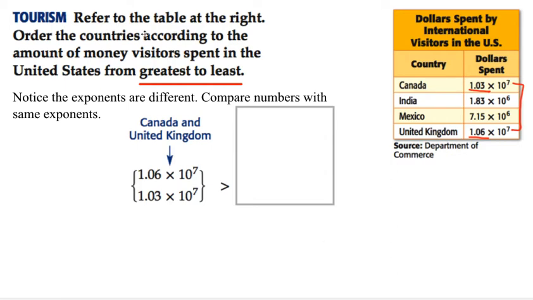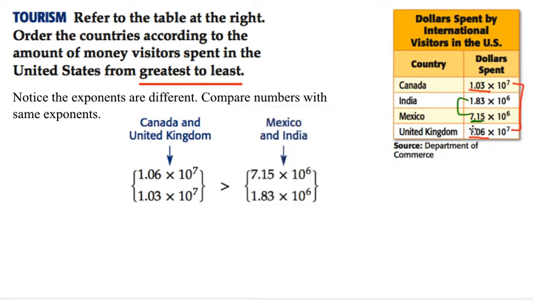Okay. And then we can compare the other two on the inside there. So the other two countries are India and Mexico, 10 to the 6th powers. Which one's bigger? This one's bigger, right? So in that one, Mexico will be on top and India is on the bottom.